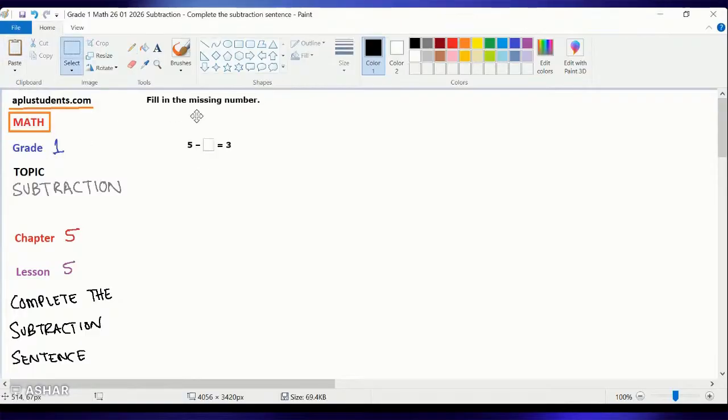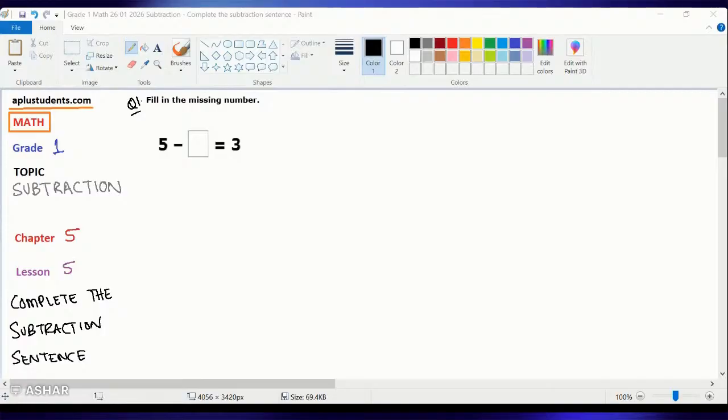The question number 1 says fill in the missing numbers such that if we subtract something from a 5, 3 is left. Okay, so let's have a look. Let's suppose we have 5 pencils.